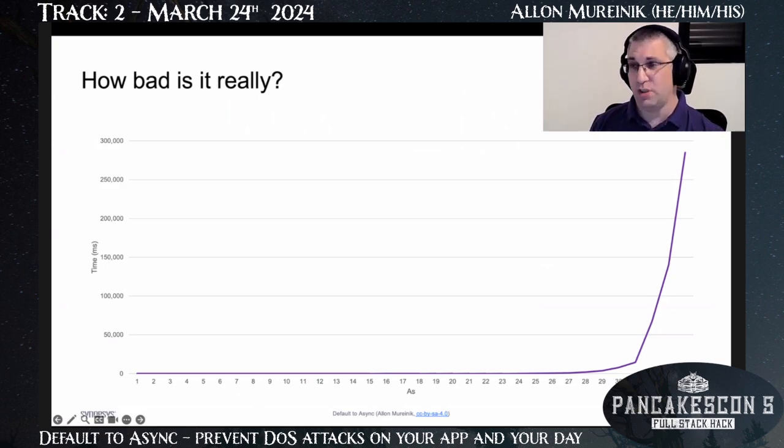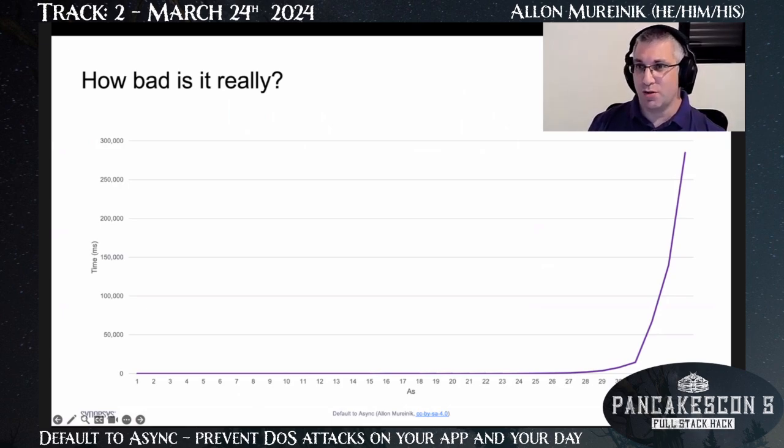At 33 A's, it took almost a minute. At 35 A's, it took almost 5 minutes. At 36 A's, I had to kill my benchmark because it was taking up so much CPU time. It was making my music hop. And if there's something that's really annoying, it's hopping music.